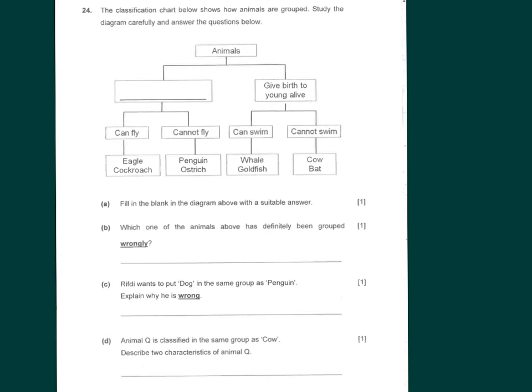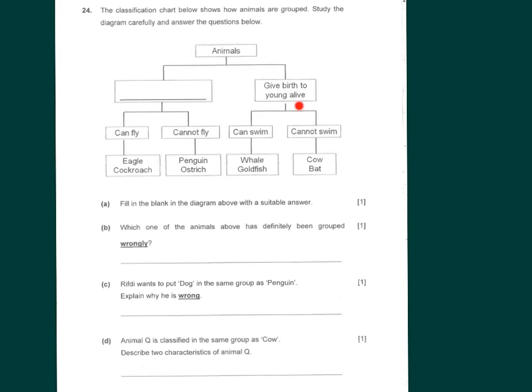Question 24. The classification chart below shows how animals are grouped. So study the diagram carefully and answer the questions below. Question A. Fill in the blanks in the diagram above with a suitable answer. So first we have animals, and then there is a sub branch here. It branches into two.